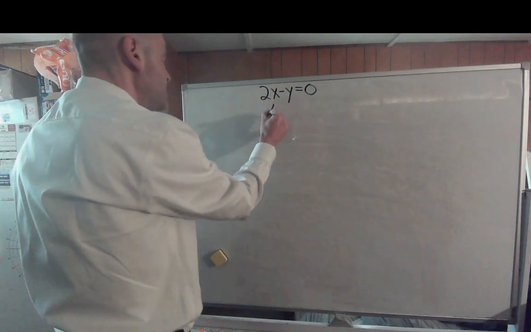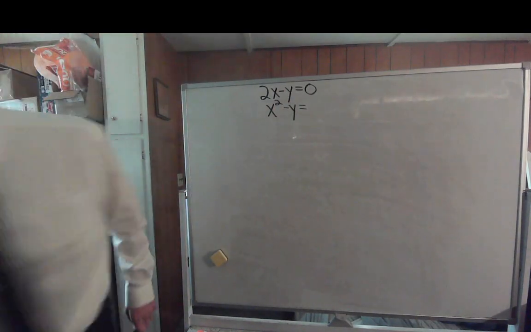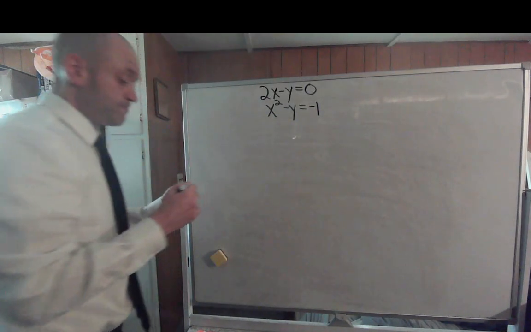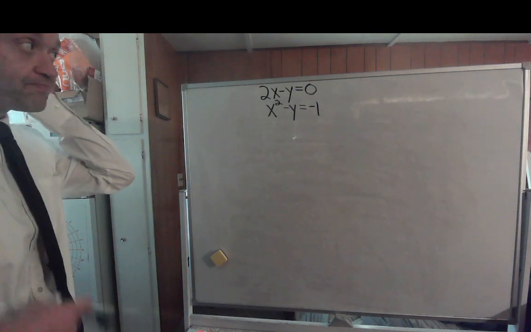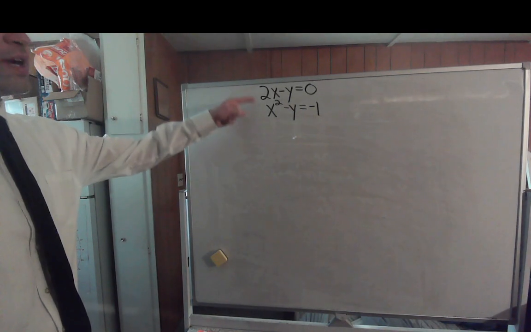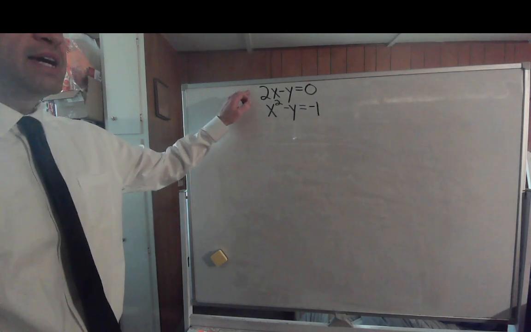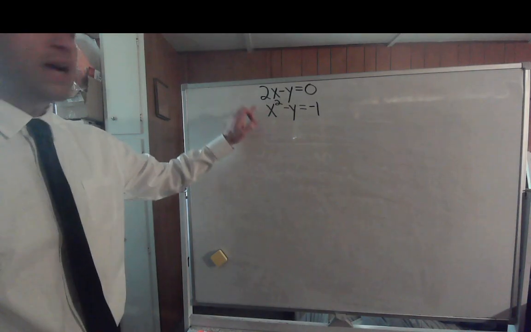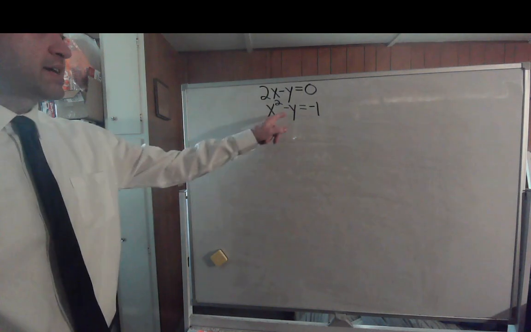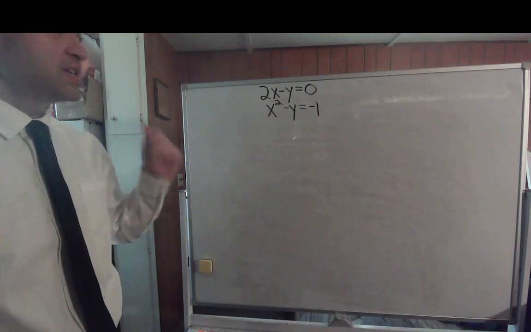Then I have x squared minus y is equal to -1. All right, well, definitely, so you have a linear and a quadratic. To be precise, you're trying to figure out where a line and a parabola intersect, if they do at all. This second equation is the equation of a parabola. So let's see if they intersect at all.